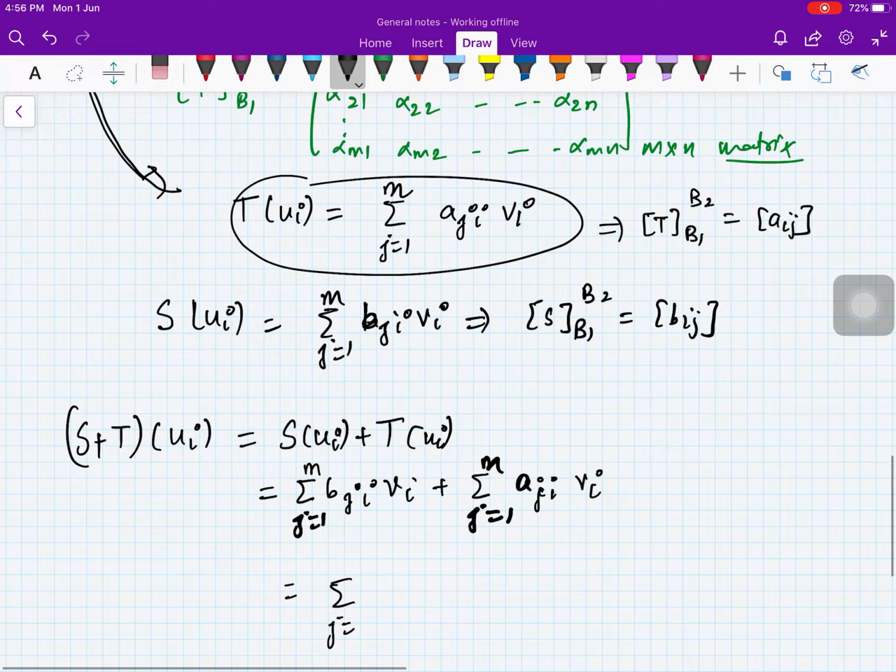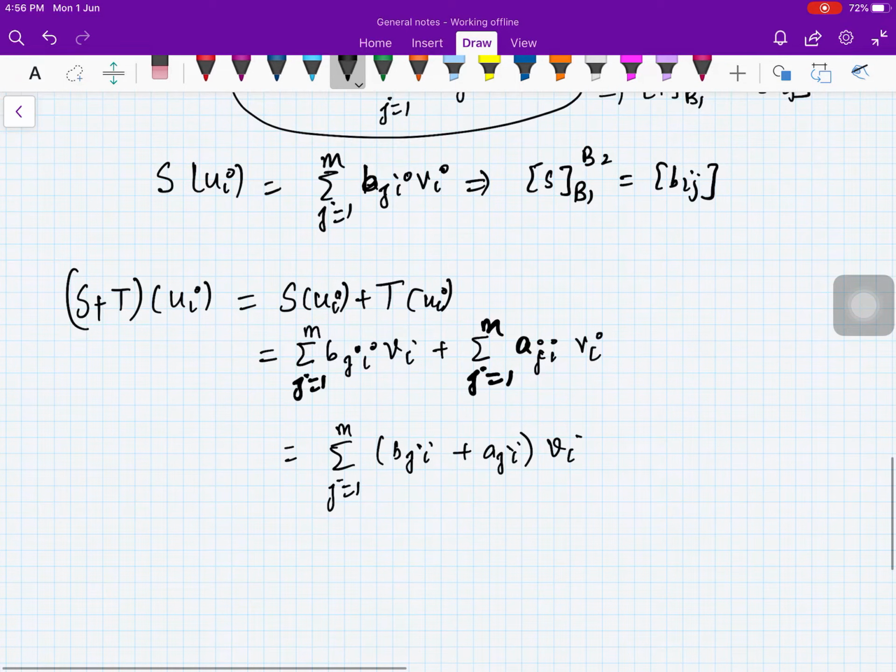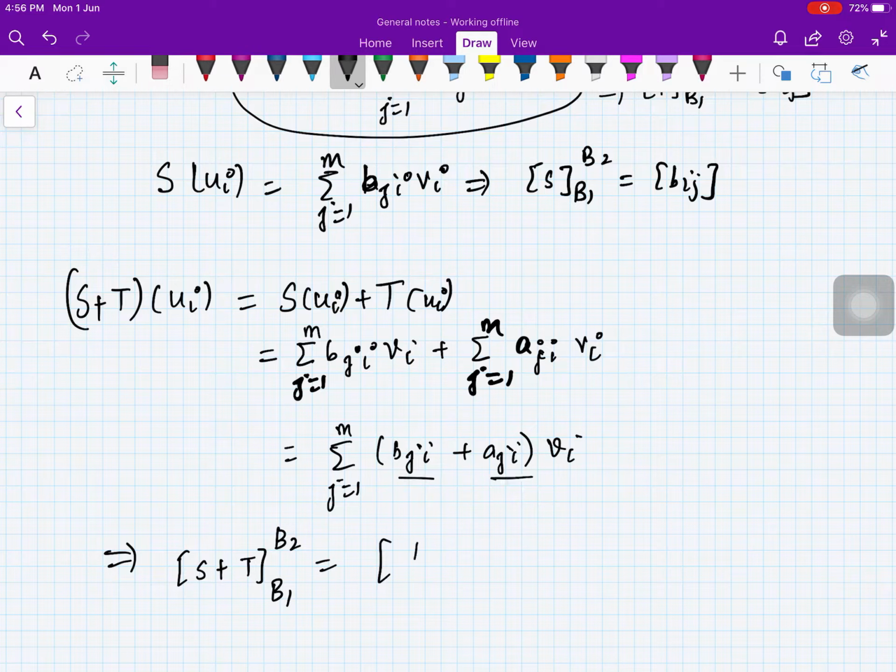So this can be written as summation j from 1 to m of bji plus aji, vi. So it means that the matrix representation of S plus T or T plus S with respect to basis B1, B2 is this matrix bij plus aij.